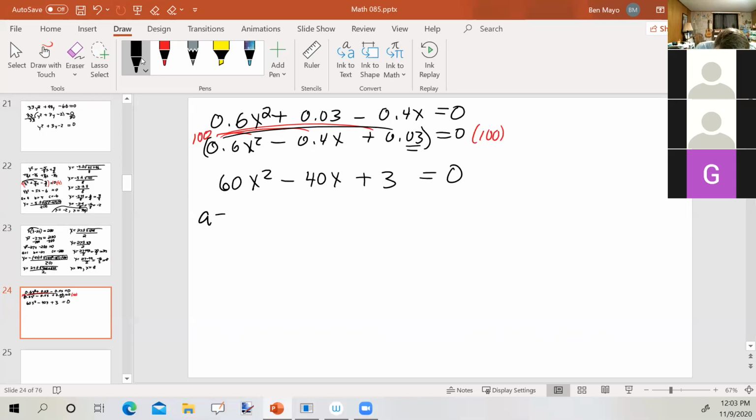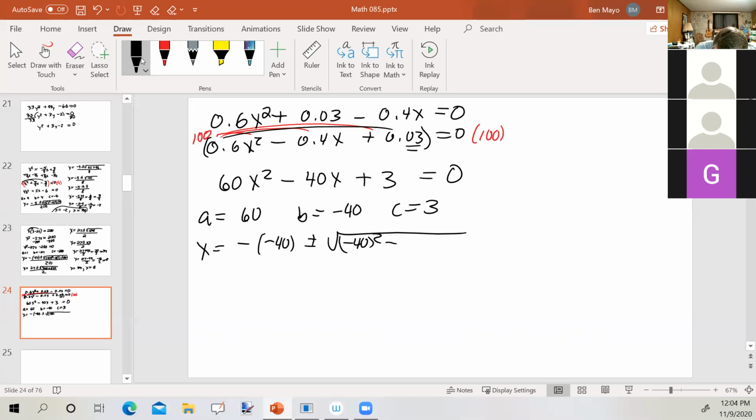So now A is 60, B is negative 40, and C is 3. X equals negative B plus or minus the square root of B squared minus 4AC, all over 2A.